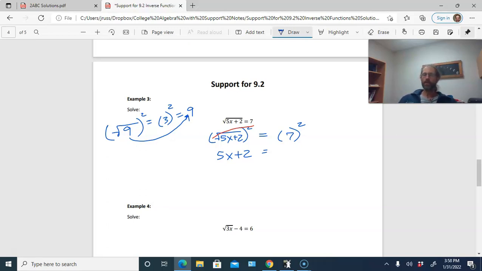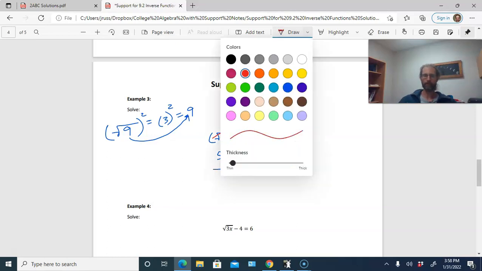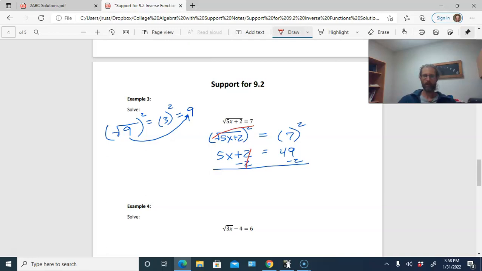But we need to square the right-hand side as well. 7 to the second power is 49. Once you've got rid of the radical, solving this equation should be pretty straightforward. We need to subtract 2 from both sides. So we're going to have 5x is equal to 49 minus 2, which is 47.